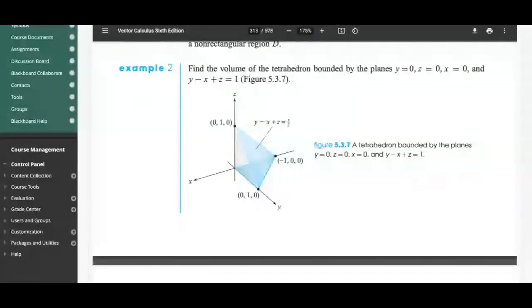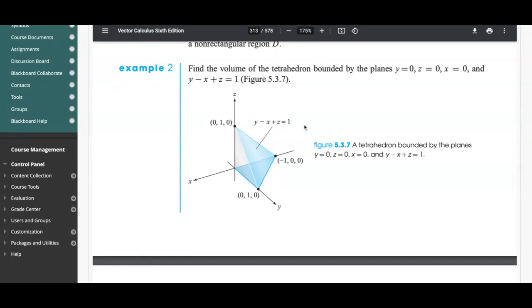Let's see this example. Find the volume of this tetrahedron bounded by the plane y equals 0, which is the xz plane, z equals 0, which is the xy plane, x equals 0, which is the yz plane, and this plane, y minus x plus z equals 1.